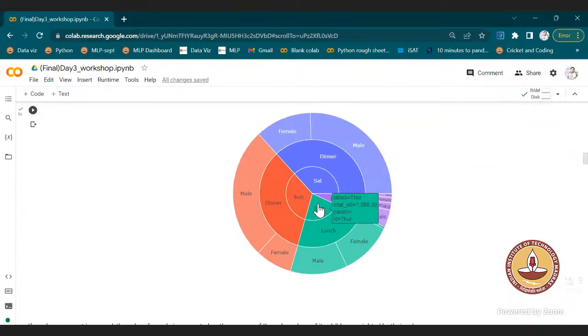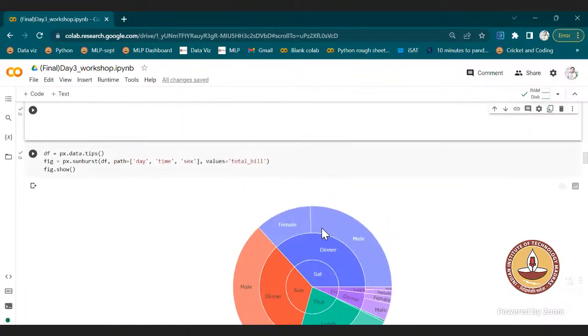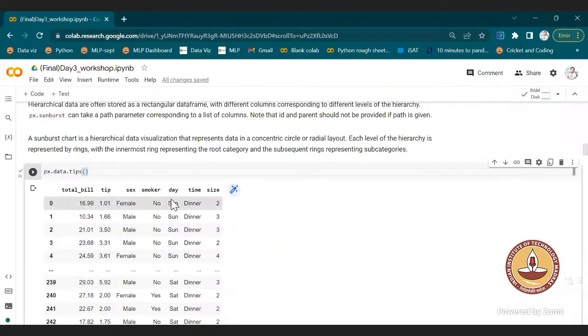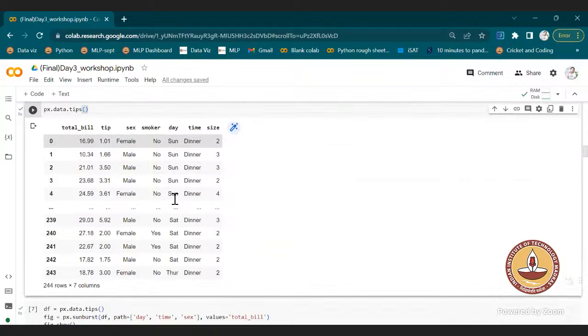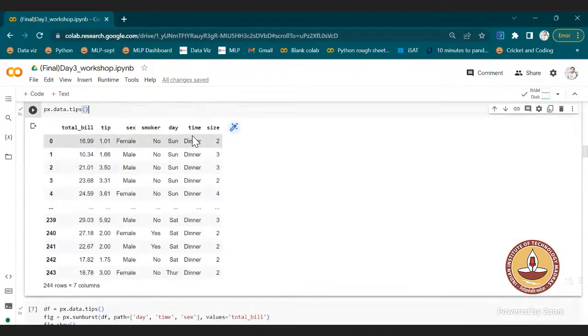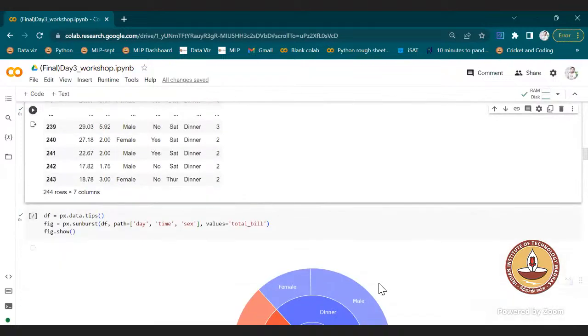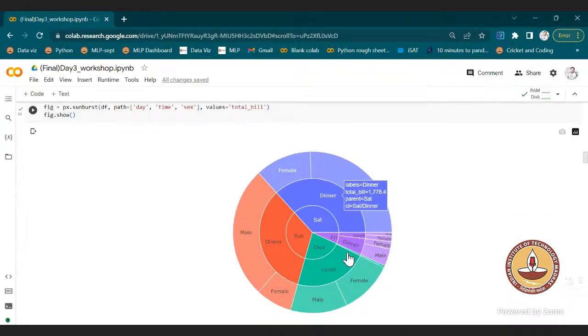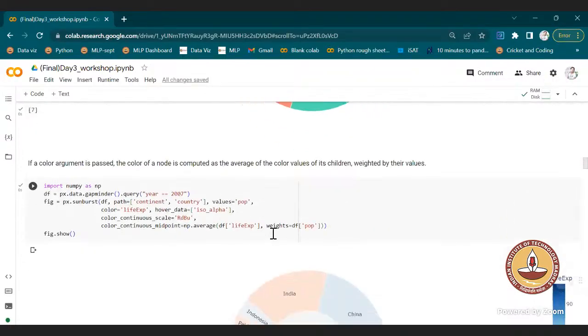So 2-3 questions we just saw. First, just do the group by for the day type of Saturday, and after that, see how many unique values of time there are, whether it's just dinner only, or dinner or lunch are also there. Those things you can do.